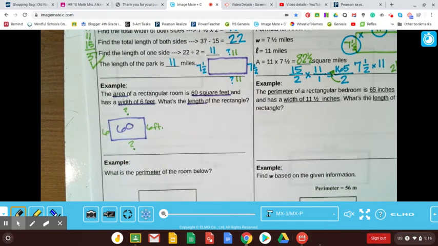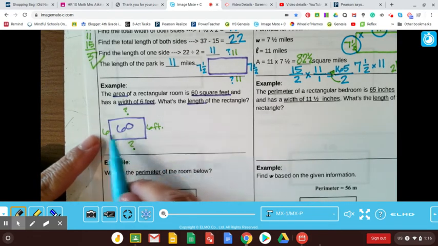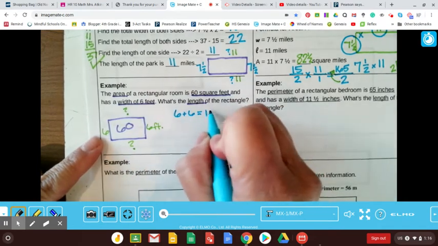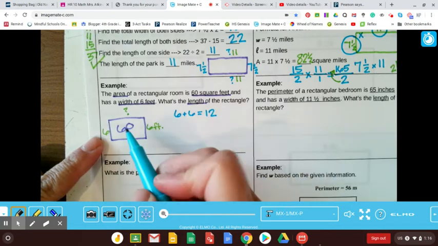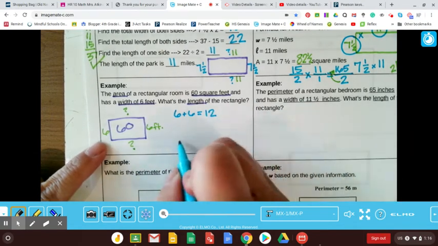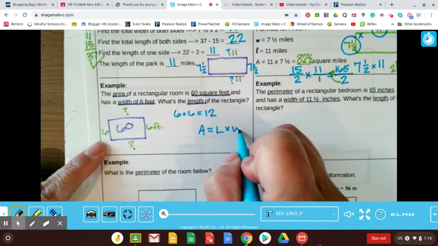What are the lengths? All right, well, we got this, right? The first thing is, let's add up our width. So 6 plus 6 equals 12. And if we know that area, right? Let's do this. Area equals length times width.